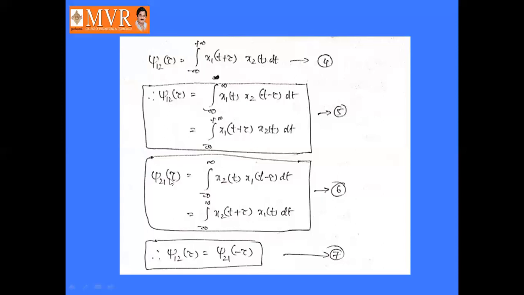So J21 of tau is nothing but integral minus infinity to infinity x2 of t into x1 of t minus tau dt, or integral minus infinity to infinity x2 of t plus tau into x1 of t dt, right? So we can say that J12 of tau is equal to J21 of minus tau. These two are compared like this. J12 of tau is equal to J21 of minus tau. That is equation number 7.